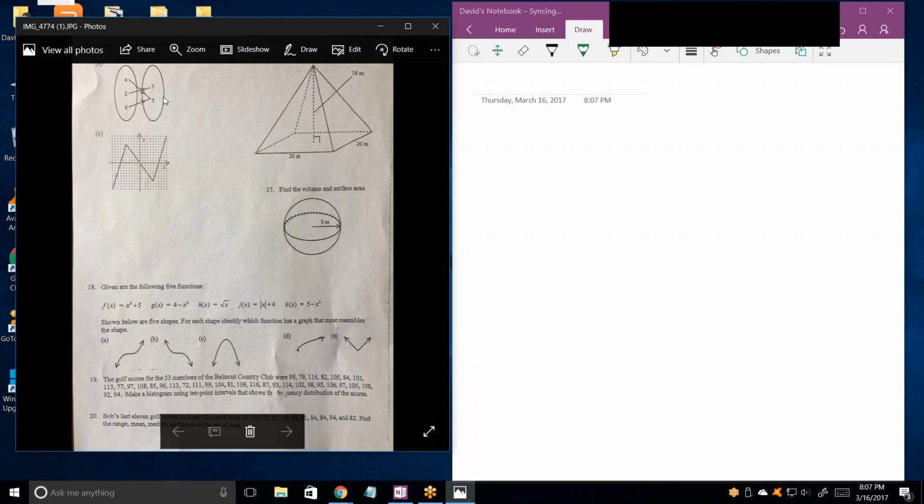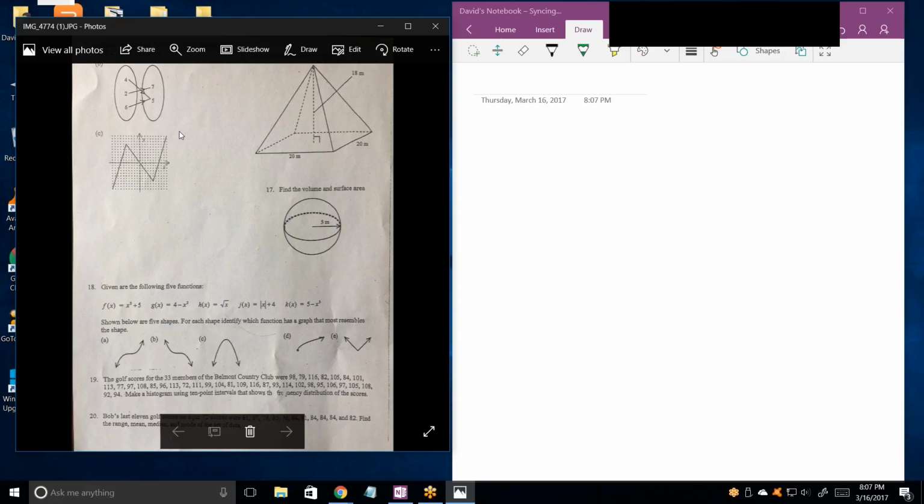But anyway, I can barely read the first item on this page. What is it asking? It's indicate which of the following depict functions. Depict functions? Yeah. And we're just worried about B and C?